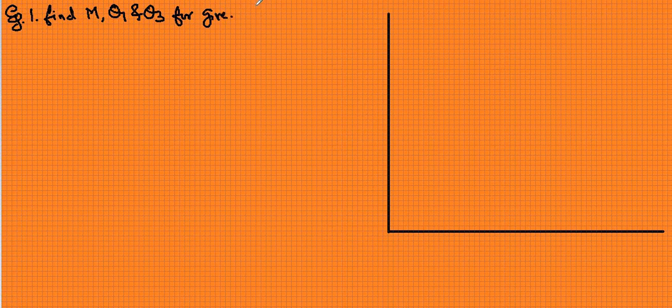Here I am going to solve one example related to finding the median, lower quartile and upper quartile from the graph, and the question is given. So I'll write down here example 1, and the question is: find median, Q1 and Q3 for the given table.